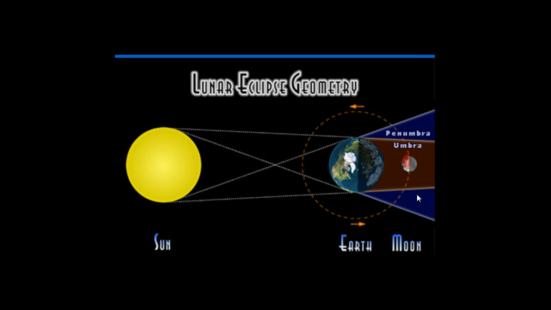So the question becomes this: if we have a full moon every month, why don't we have a lunar eclipse every month as well? You should know the answer to that by now. So write an explanation for this question in your notes right now. Let's see how you do.